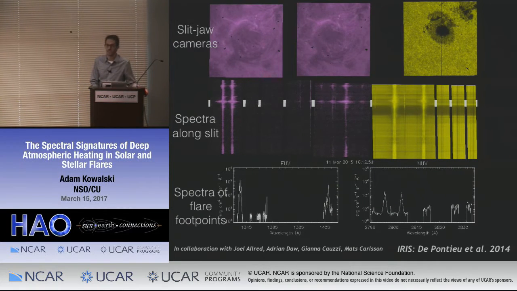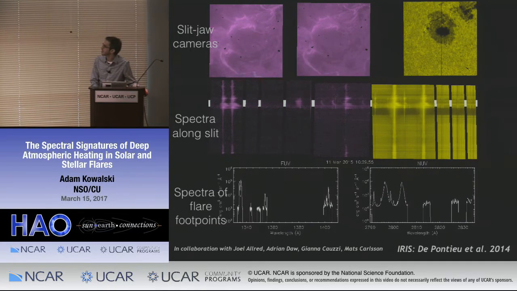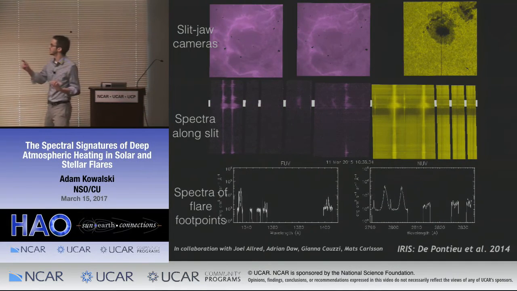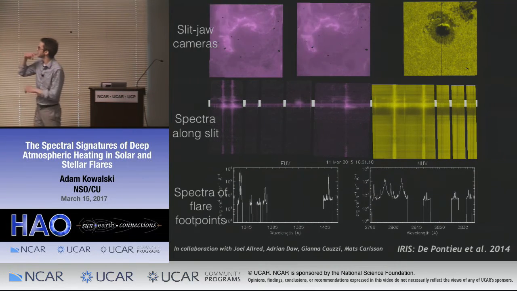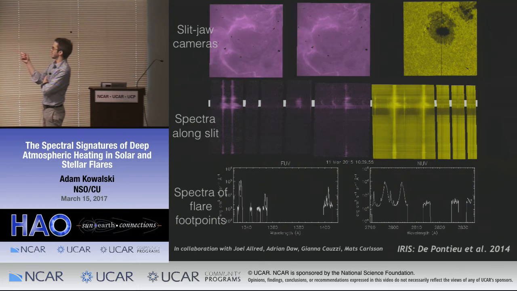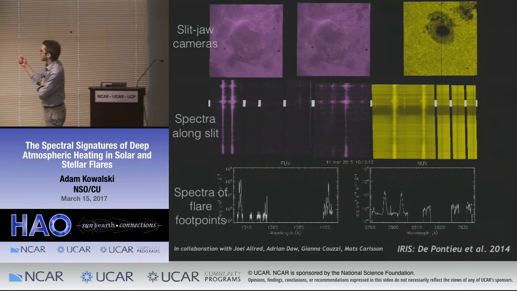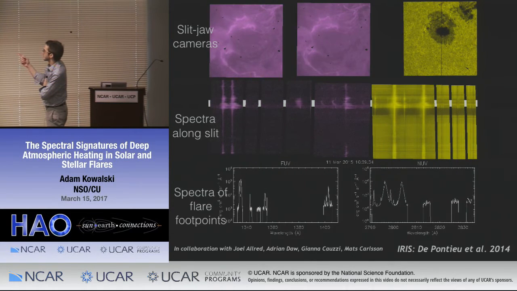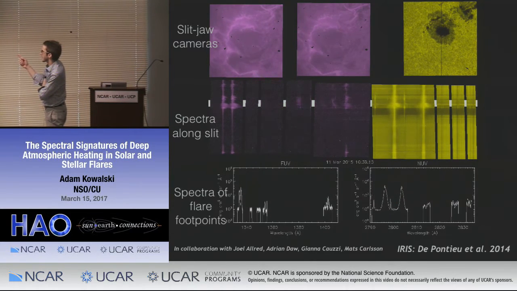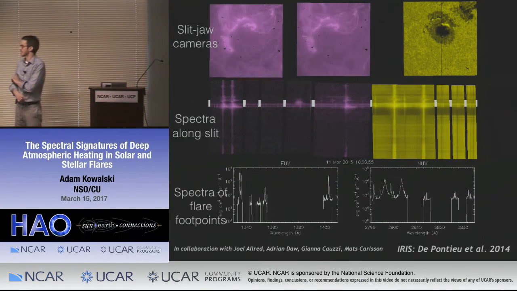Adam? Yes. Before you start, on the left middle slit jaw picture, does that include both the channels? Yeah, that should. It's silicon, carbon-2, and I don't think... I actually don't know. It's probably one of the silicon channels. It's the same detector.